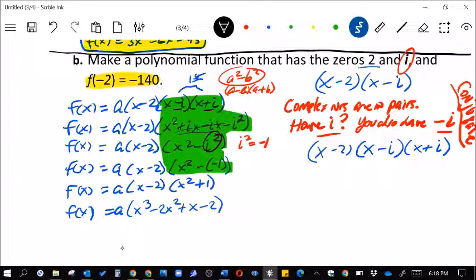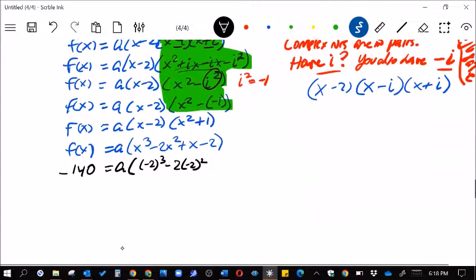I'm going to put that one in black. So the result is negative 140 when the x value is negative 2. Okay, so let's make sure I put these in all the right places. Negative 2 and negative 2 and negative 2. Okay, so it gives me negative 140 is equal to a.